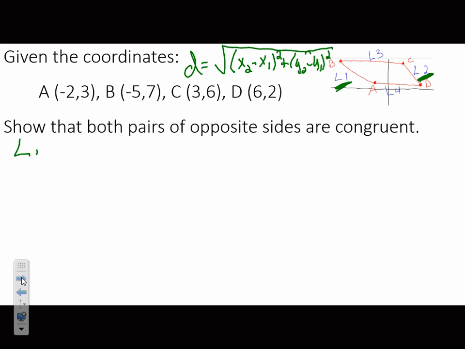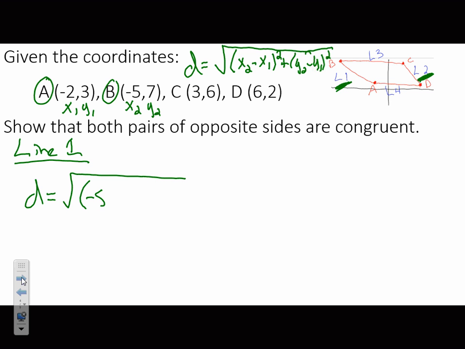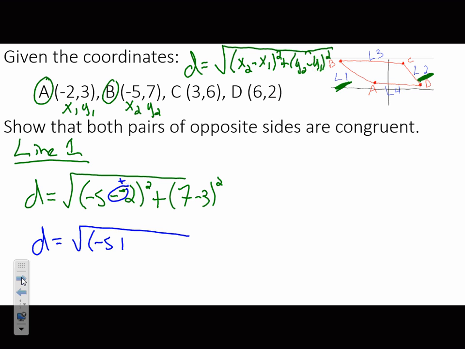For line 1, we're using A and B. I'll call this x1, y1, x2, y2. Plug it in. My distance equals the square root of negative 5 minus a negative 2 squared plus 7 minus 3 squared. Now I can go through and simplify this. The minus a negative turns into a positive, so negative 5 plus 2 squared plus 7 minus 3 squared.